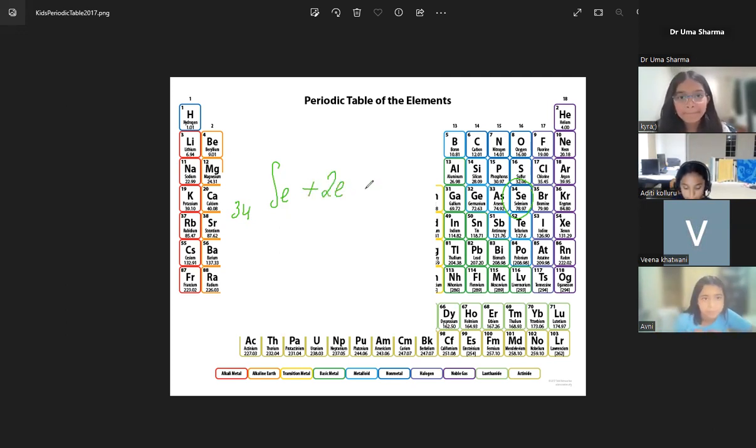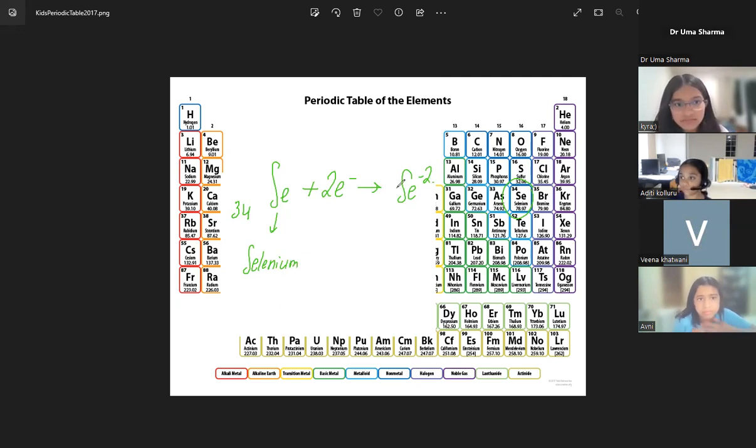After gaining 2 electrons, what is the charge on selenium? Minus 2. This is called selenium, children, from the periodic table, right?